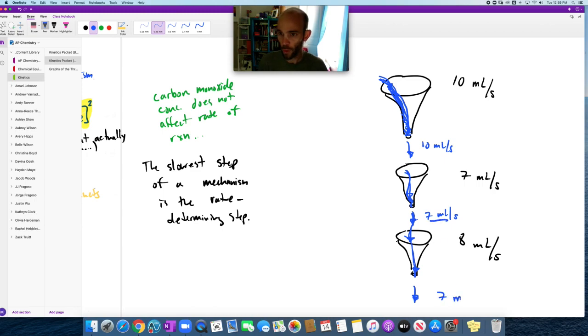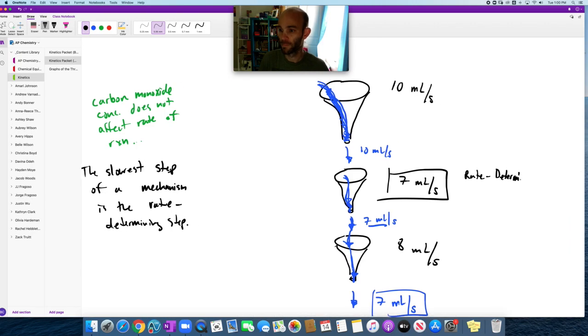So after going through these three funnels, we are down to the speed of the slowest funnel. So the second funnel here would be the rate determining step. I don't know what I just wrote there, but you get the idea.